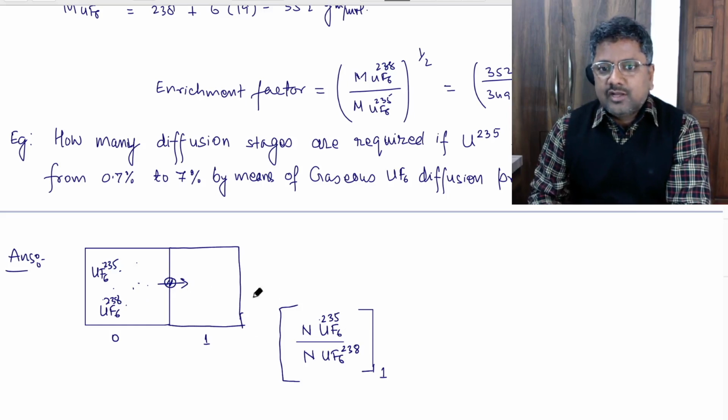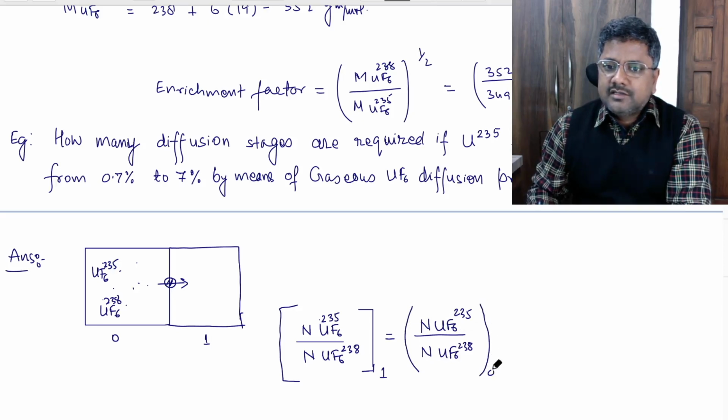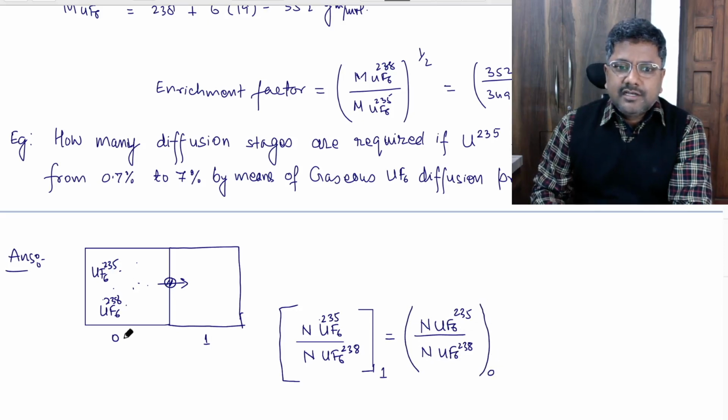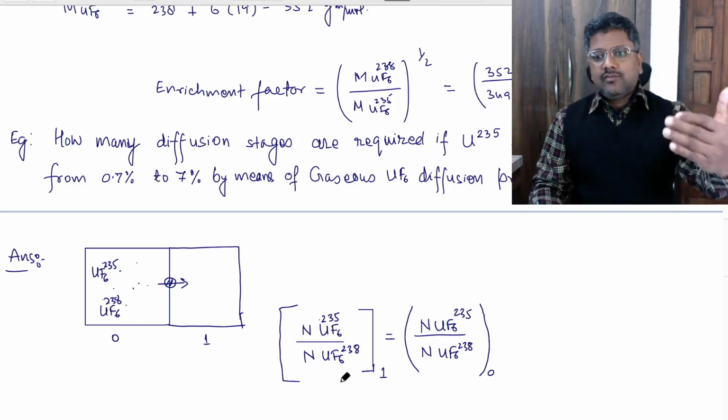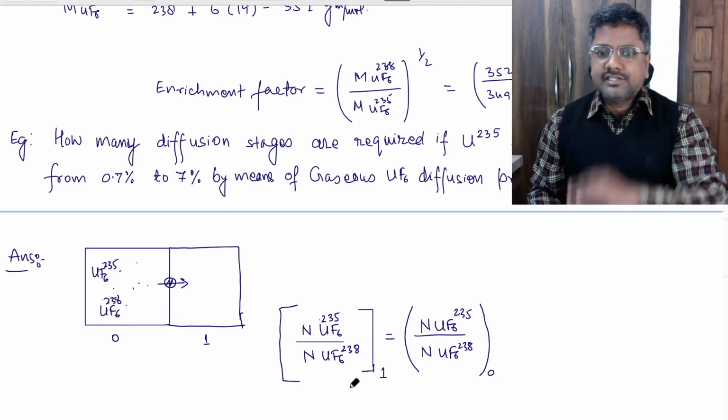So here this is the molar ratio, and this n of UF6 235 by moles of UF6 238, this is originally present here. So the 0 means this is original. This is the ratio of moles of UF6 235 and UF6 238 after the first stage of diffusion.